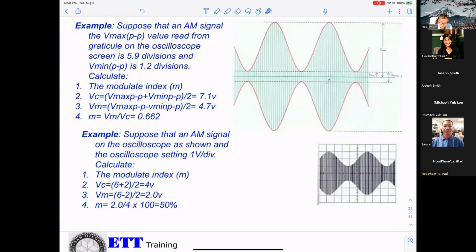Okay, so any questions? Basically, what I'm saying here is for you guys to try to understand RF, radio frequency.